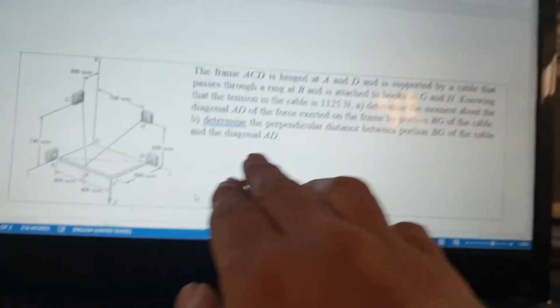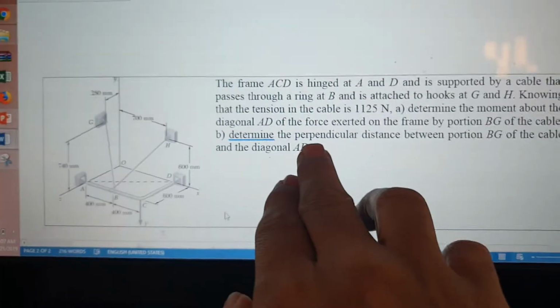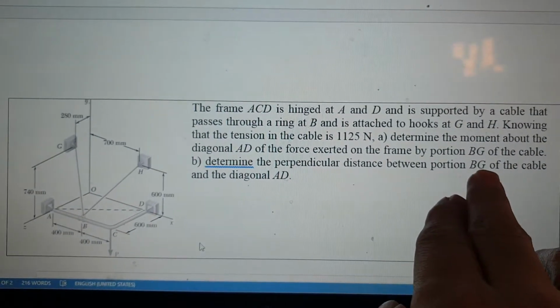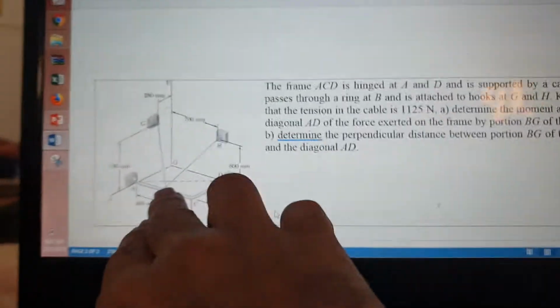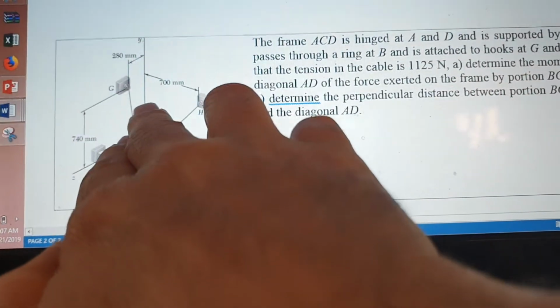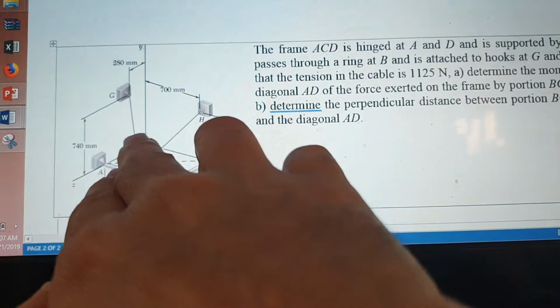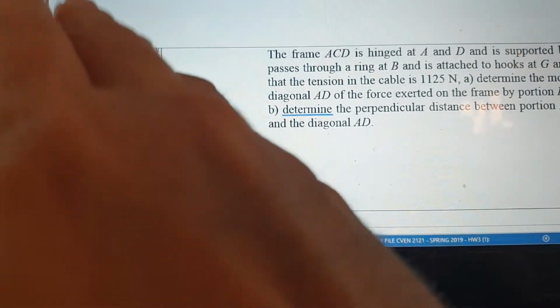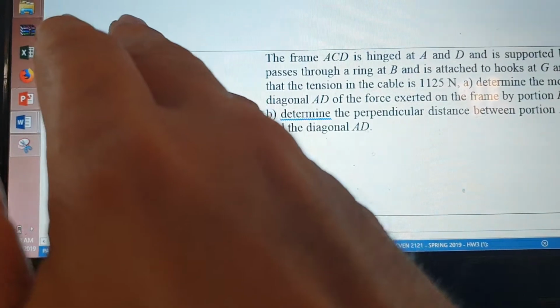Now let's find the next part of the problem. Determine the perpendicular distance between portion BG of the cable and the diagonal. So for this cable, to find the moment around the AD, you need to find the perpendicular distance.